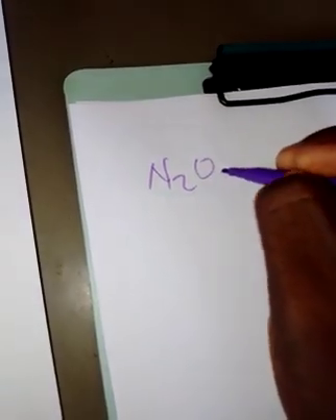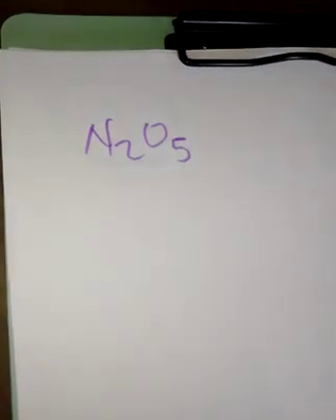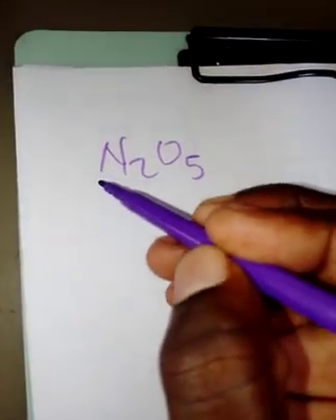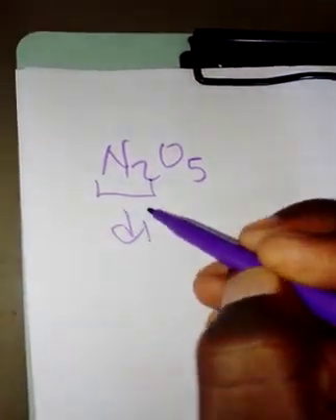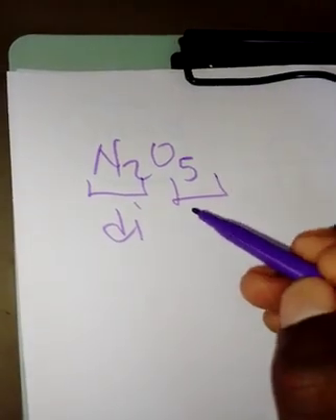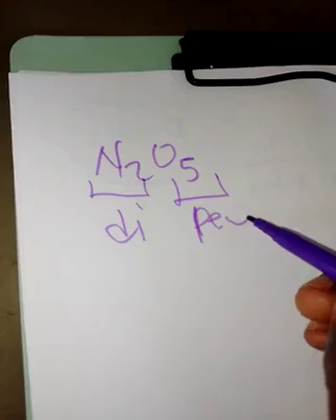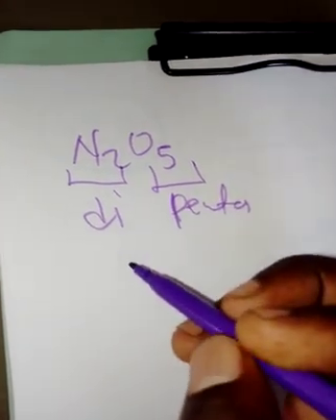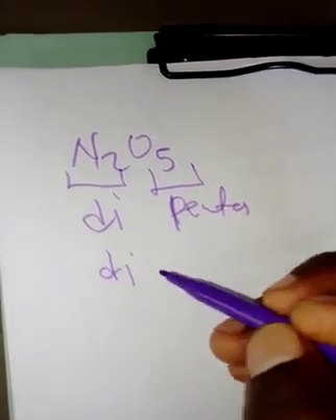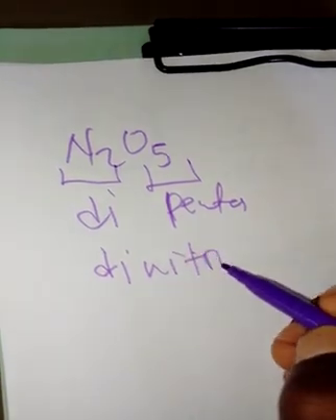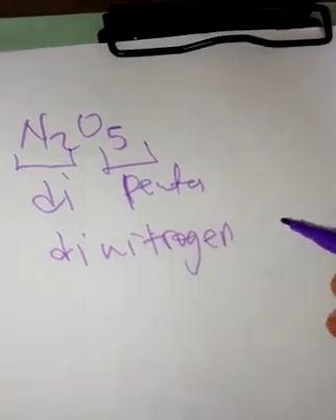What about this one? N2O5. This one will be what? We have 2 atoms of nitrogen, so it's di. 5 atoms of oxygen, that's what? Penta. Okay, so the name will be dinitrogen pentoxide.